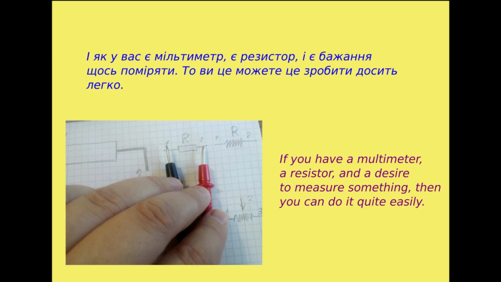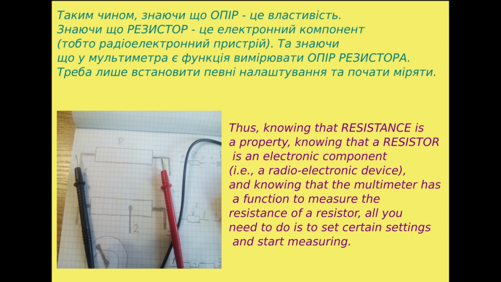And now, very cool, if you have a resistor and a multimeter, and you want to measure resistance, you can do that without any trouble. I use a pencil and draw the resistor, and I insert the electrodes for this circuit of the resistor, just to show you how you can measure.